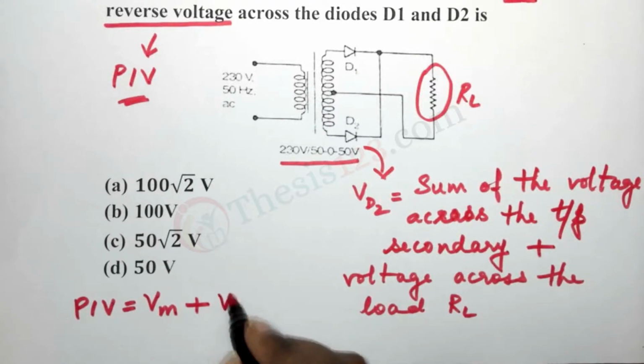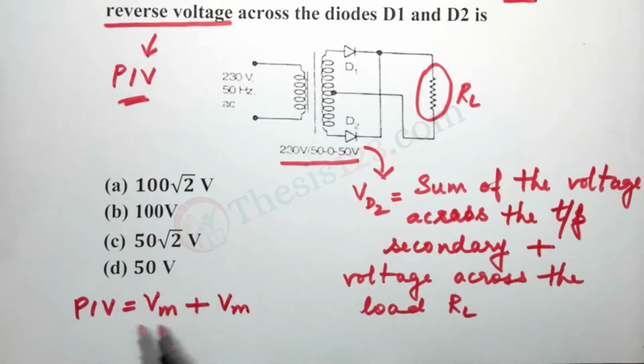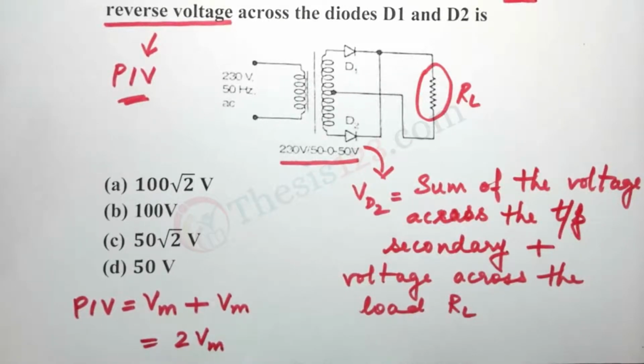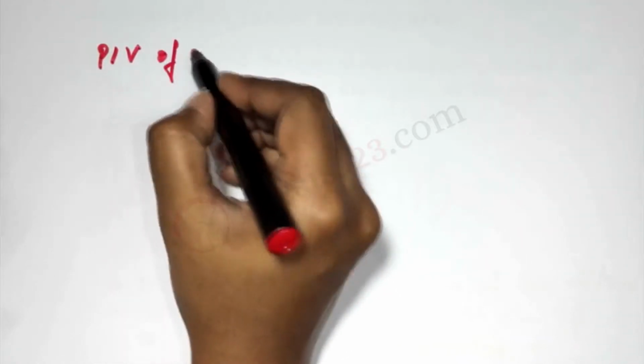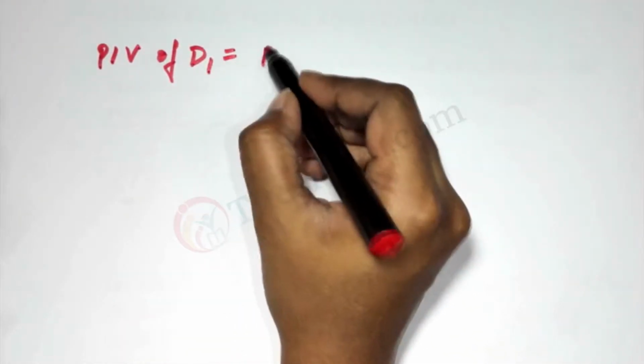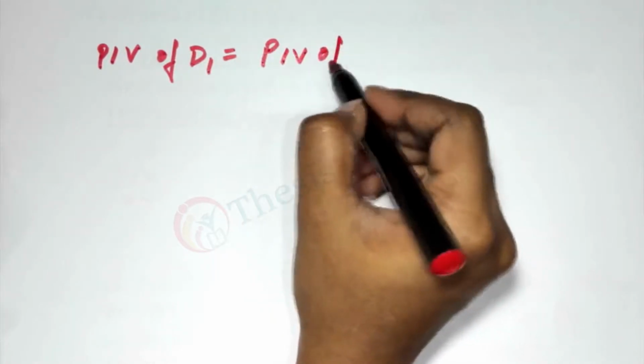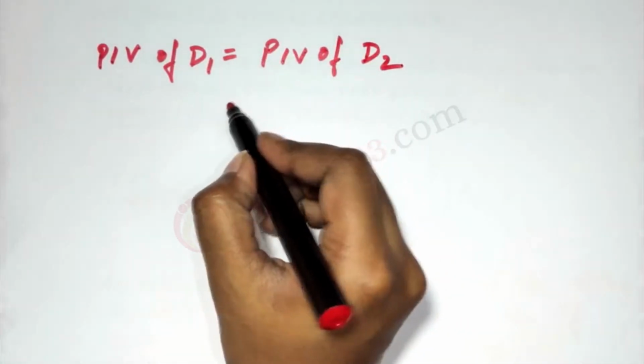So PIV is equal to 2VM. Let me just grab another sheet of paper and we'll continue to the next step. So far we have PIV of D1 is equal to the PIV of D2, which is equal to 2Vm, right?